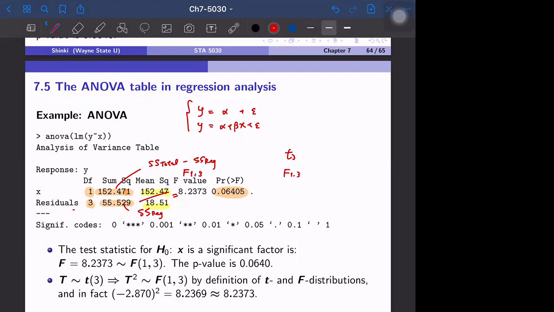But the F with df 1 and 3 is the square of the t distribution with df 3.